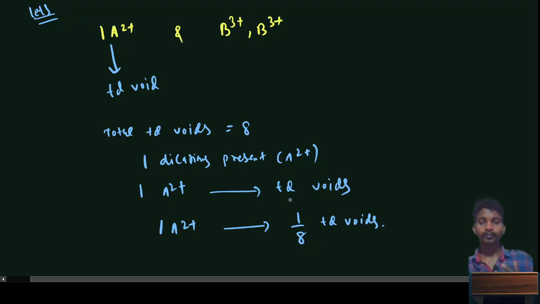So that is cations upon total tetrahedral sites.